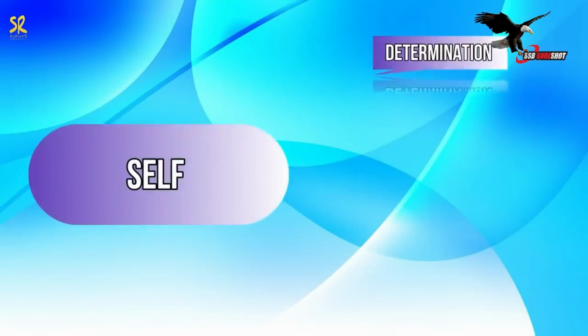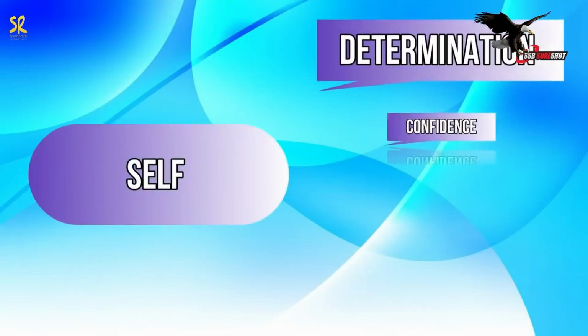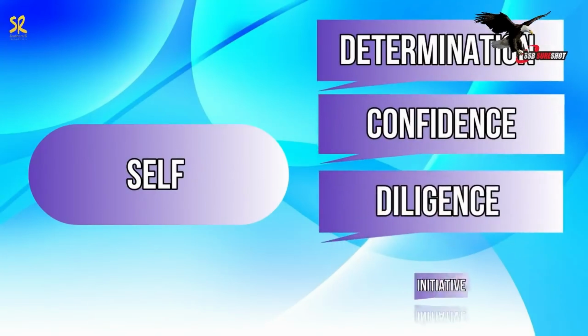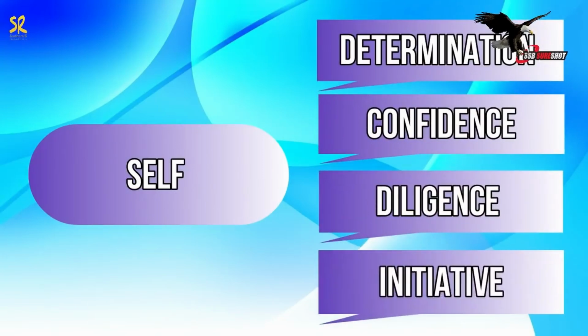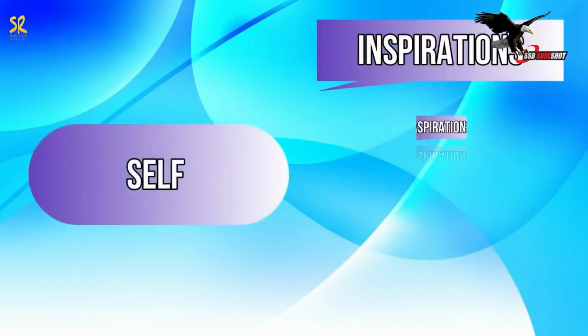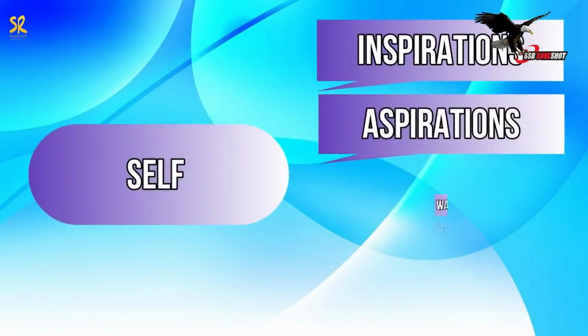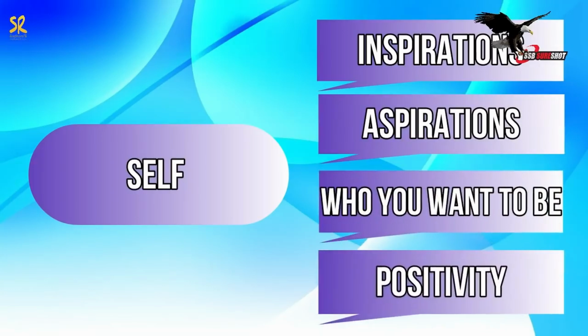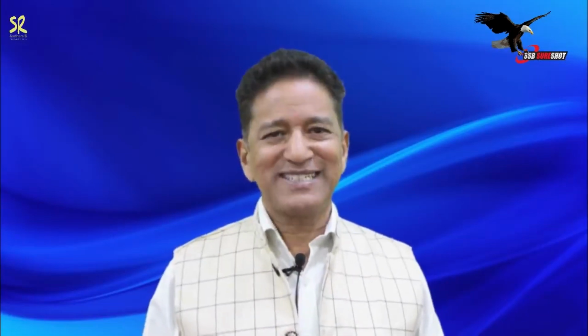About the self you can mention your determination, your confidence level, your diligence, whether you take initiative, etc. You can also mention your aspirations, your positive views of what you would ideally like to become. Where do you see yourself after a few years? All these things will come under your aspirations or what exactly you want to become in future.